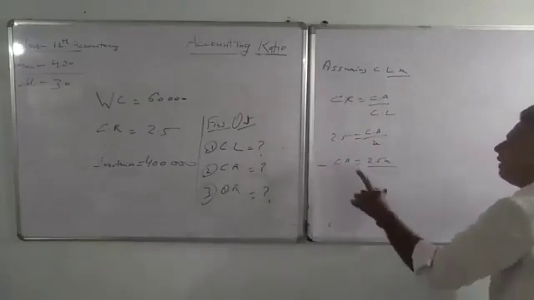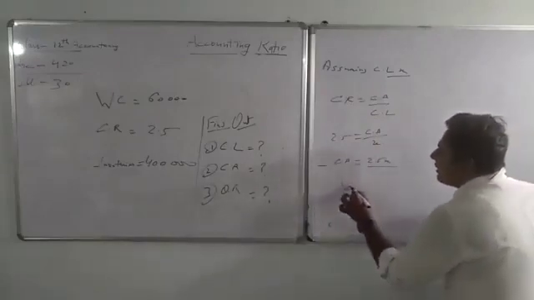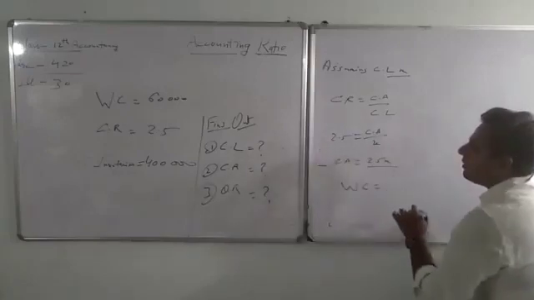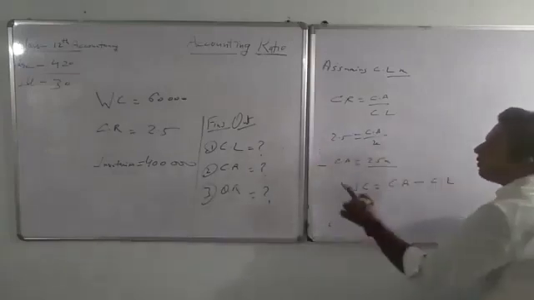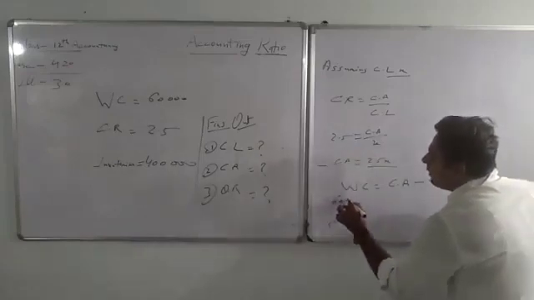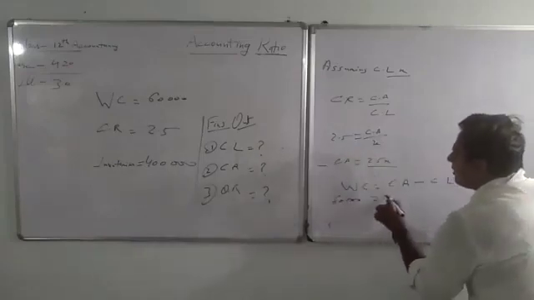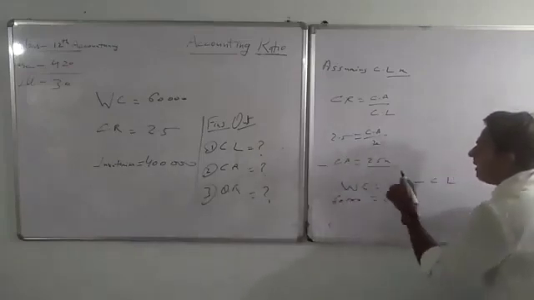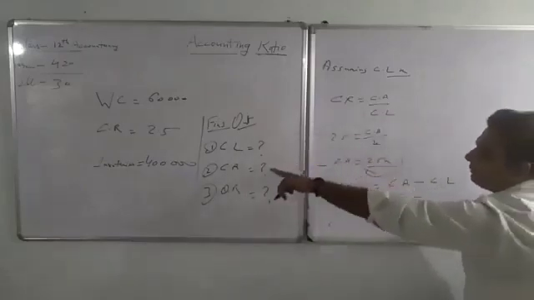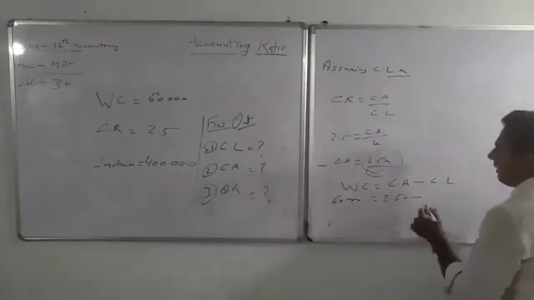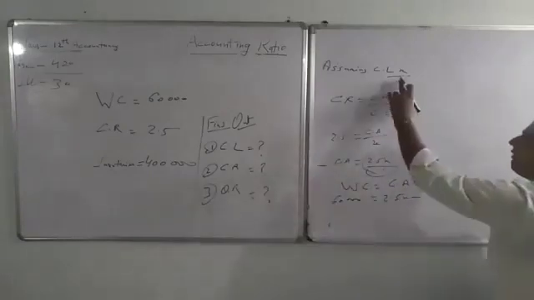Okay, now working capital is given to us. Working capital 60,000. We know the formula: current asset minus current liability. Current asset is 2.5x. Current liability we have assumed x.